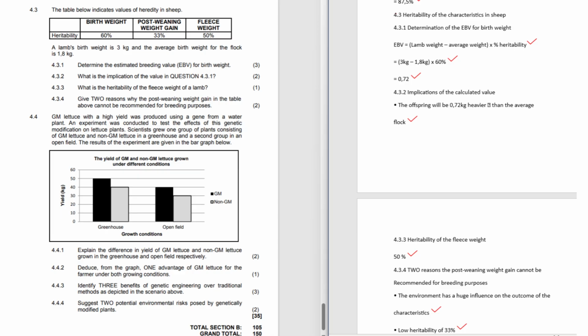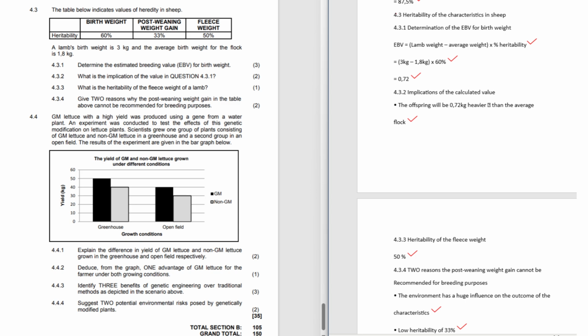Then we take this 1.2 and we multiply it by the heritability. You can see it from the table. The table says birth weight, and under birth weight we have heritability, which is 60%. We're going to take this 60%, which is step number 2.